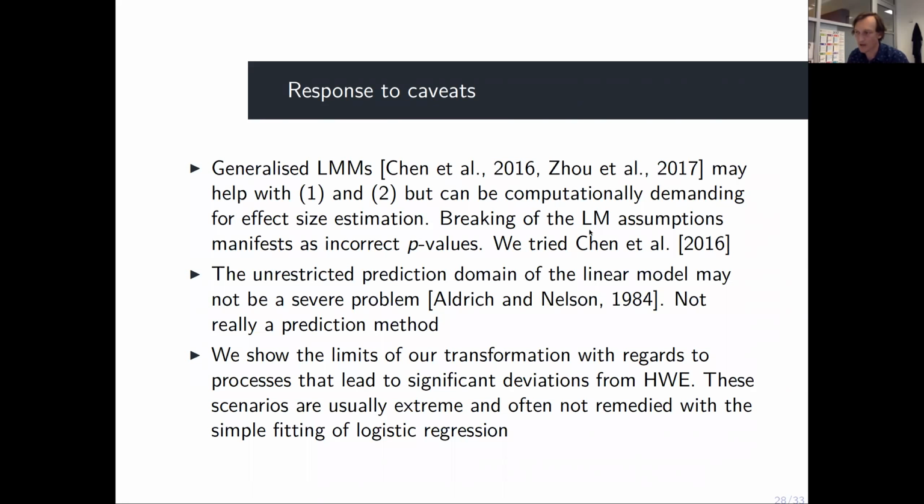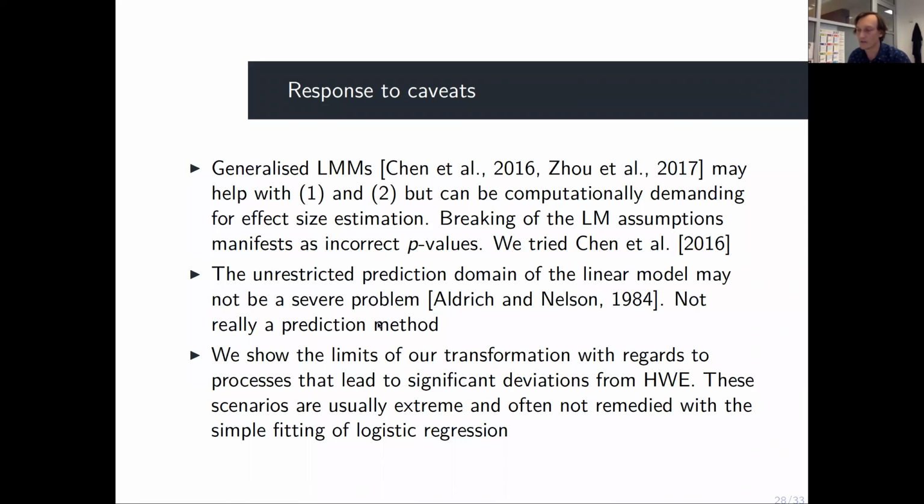And so we did try. The unrestricted prediction domain may not necessarily be a problem, but the important thing to highlight is that with the predictions that we make from our transformed odds ratios, we shouldn't really be using it as a prediction machine because we're just interested in estimating effect sizes.